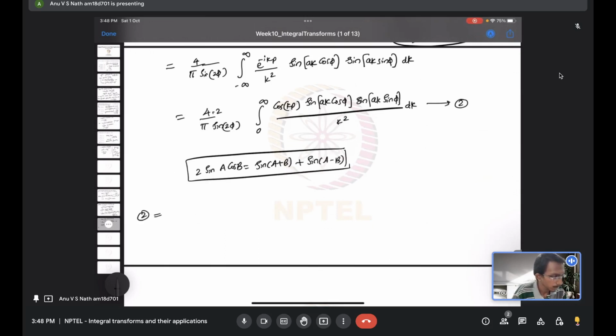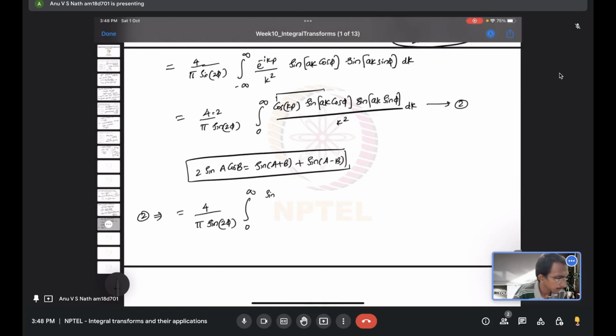So from 2 we'll continue, which is equal to 4 by pi sine 2 phi times the integral 0 to infinity. Let's take this cosine and sine to group together along with this 2. So 2 cos kp times sine ak cos phi we'll write as sine of ak cos phi plus kp, then added to sine of ak cos phi minus kp.